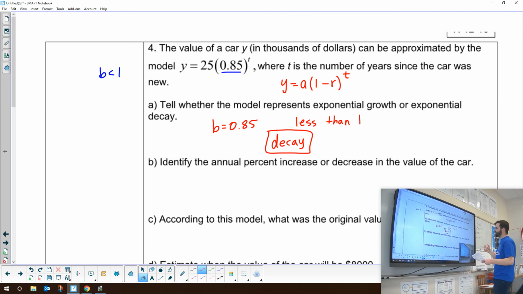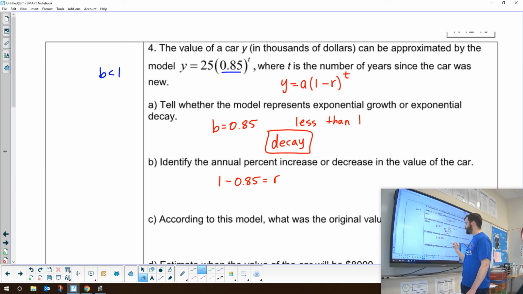Now, let's figure out what the annual percent increase or decrease is in the value of the car. So this is my B. If it ever is 1, that's just going to stay the same forever. Okay? So if it's bigger than 1, it's going to increase by that much. If it's less than 1, it's going to decrease by that much. So this is 0.85. So all I need to do to find my percent decrease is go 1 minus 0.85, and that's going to equal my rate.